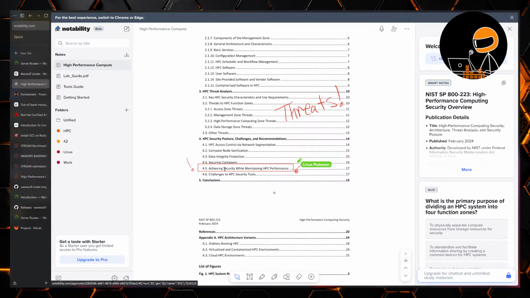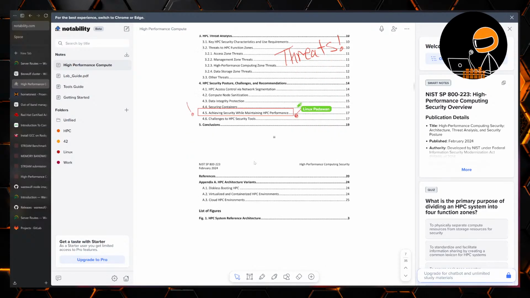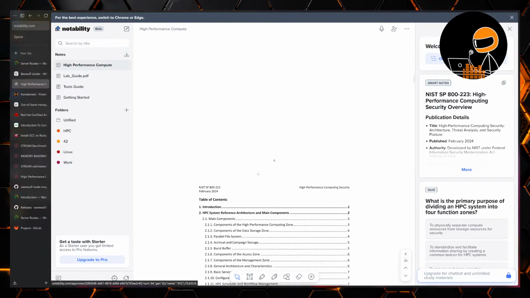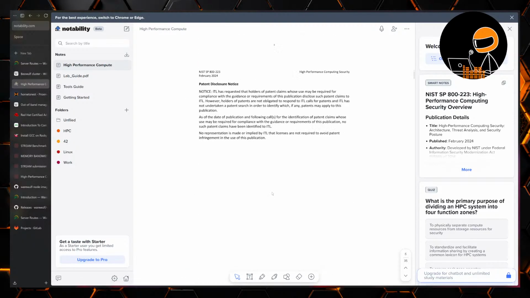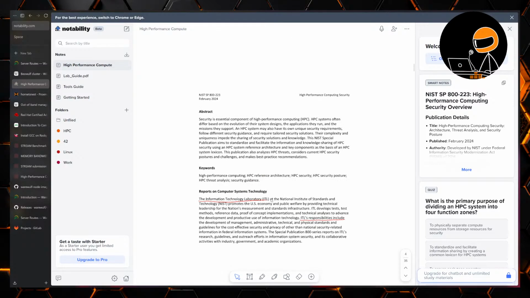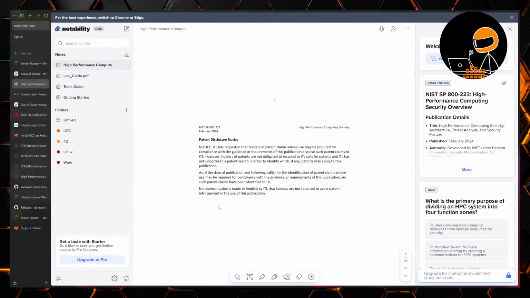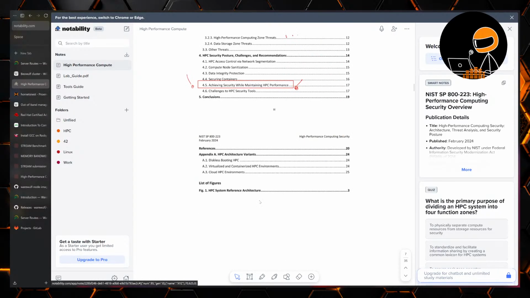All right, challenges to HPC security tools, conclusions, and all right, not bad. We can get through this tonight. So we're on introduction.